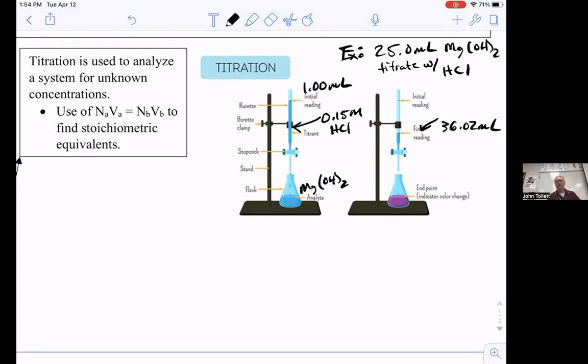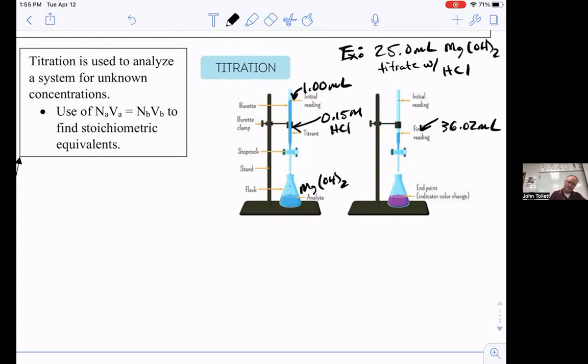So probably would have been better to write this as a question, but whatever. We can subtract the initial and final readings to figure out how much we added. Then we could use stoichiometry to find how many moles of the magnesium hydroxide and divide by the 25 milliliters. There are a couple of different ways to do that. It depends on you, or you could use NaVa = NbVb if you wanted, but this way works well.